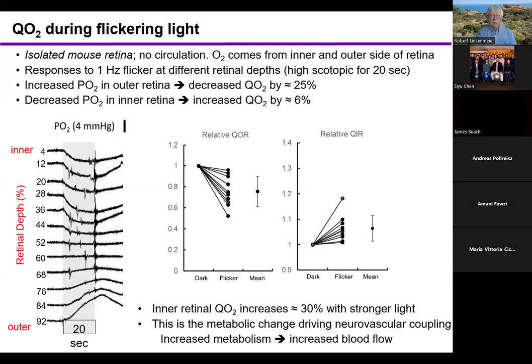And these increases in consumption are undoubtedly the metabolic change that drives neurovascular coupling, which is that the increased metabolism drives an increase in blood flow. But these are really the only measurements of inner retinal consumption during flicker.